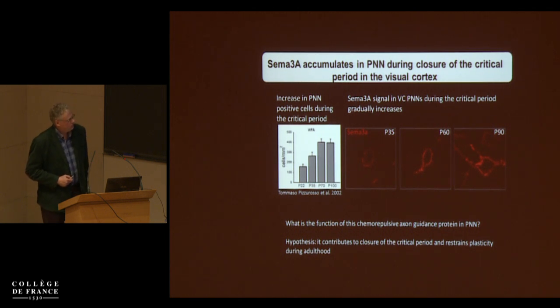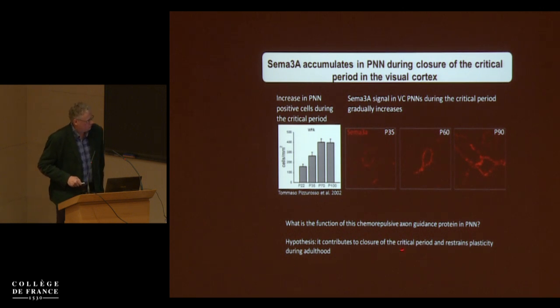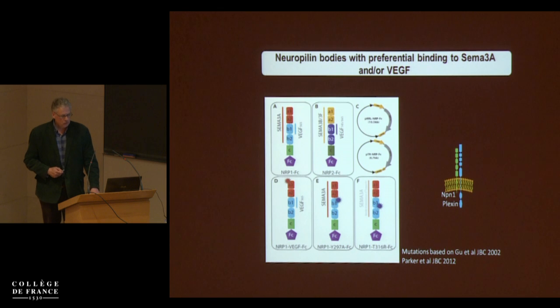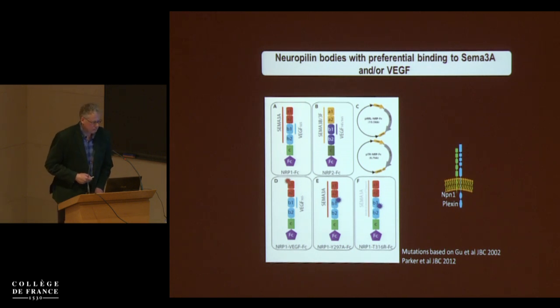So what's the function of SEMA3A in perineuronal nets? And the hypothesis here is that it contributes to the closure of the critical period and restrains plasticity during adulthood. So we generated a number of so-called receptor bodies, neuropilin bodies, with preferential binding for semaphorin 3A.